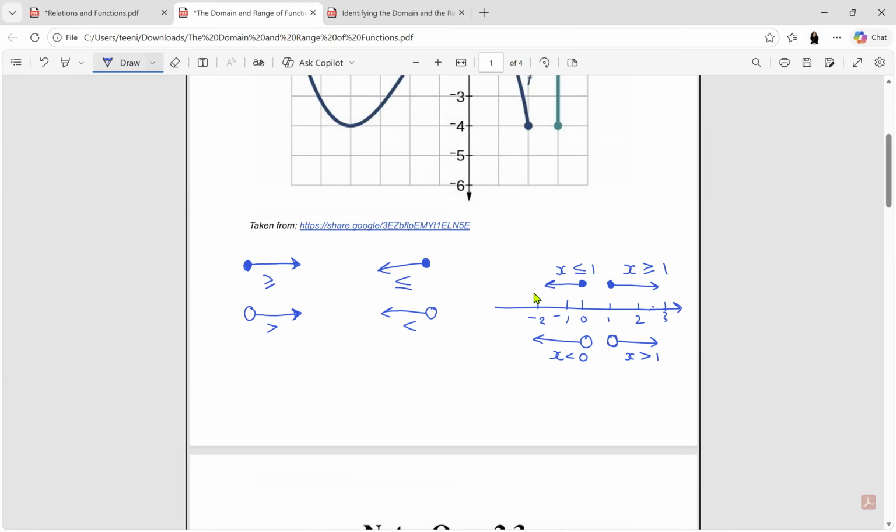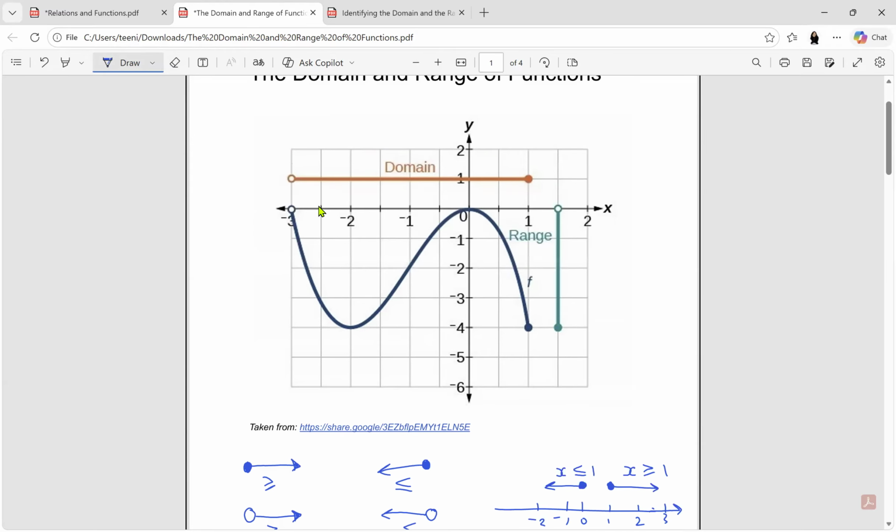We've done this before, but I'm just saying that to refresh your memory a little bit, because in this graph here, we have the unshaded circle and then we have a shaded circle. So if I had to identify the domain, you are looking at the x values of the graph, where the graph is drawn. Here, this would be x is greater than -3, because all the values of x are to the right of -3, which means they're all greater than -3.